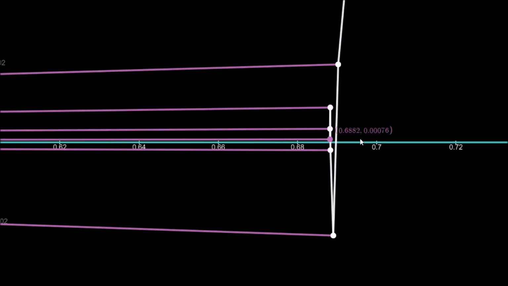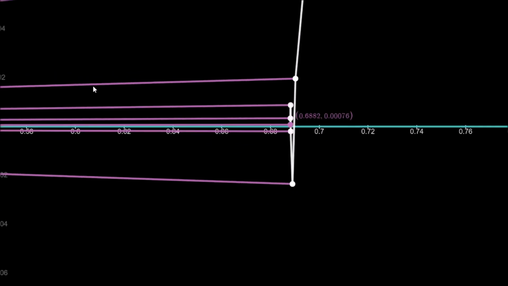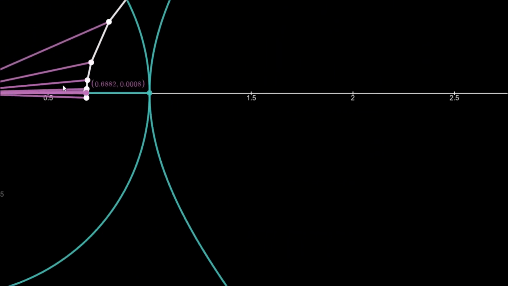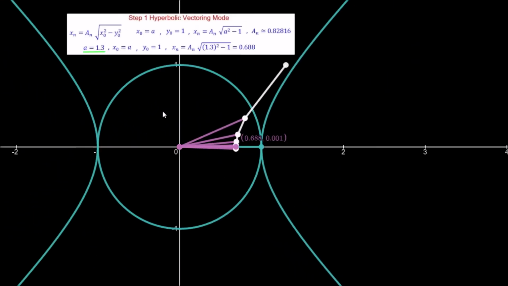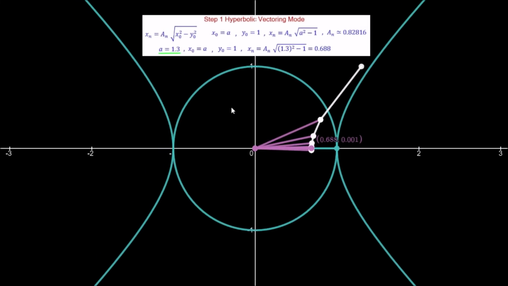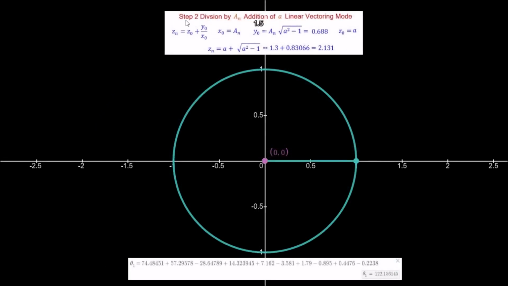So you can see that the final value for our xn is 0.688. And this is the value that we were expecting to see from the calculated value up here, which is 0.688. Now in step 2, we're going to perform the division by An, and we're going to add the value of A. Now we're going to be using the linear vectoring mode, and in this mode we're going to have an angle at the output which will be z0 plus y0 upon x0.